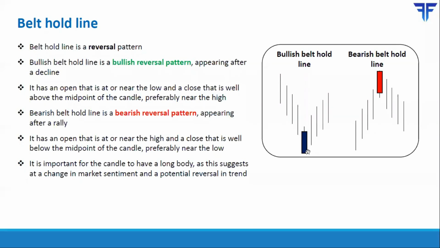The opposite of the bullish belt hold line is the bearish belt hold line. Now, a bearish belt hold line is a bearish reversal pattern that appears after an uptrend.